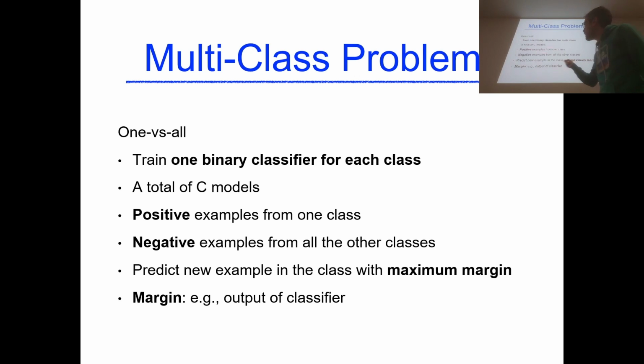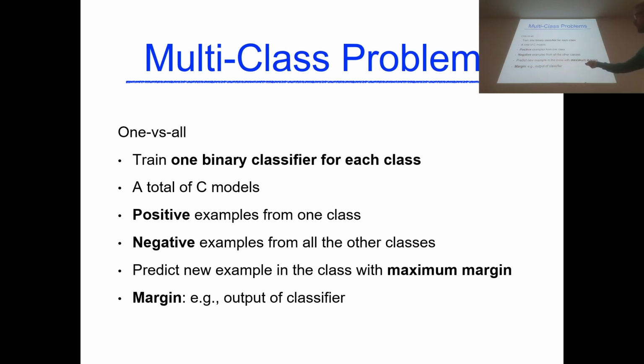The positive examples, which means what we are measuring as the true positives, true negatives, are the examples from the class we are targeting with this model. And the negative examples, the false positives, the false negatives, are all the other classes. That's why it's called 1 versus all. Okay?